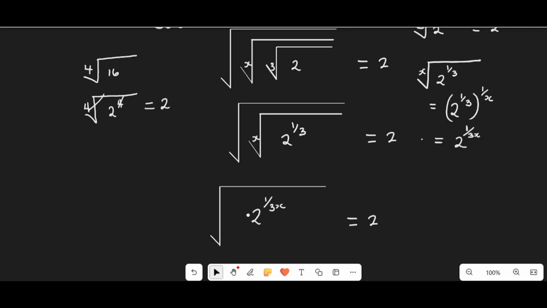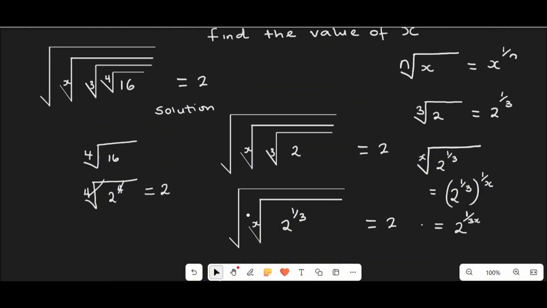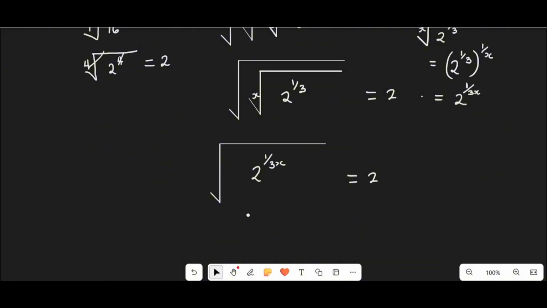Also, we can rewrite this using this format. And what we have here is a square root. So our square root of 2 raised to power 1 over 3x is equal to 2 raised to power 1 over 3x, everything raised to power 1 over 2.